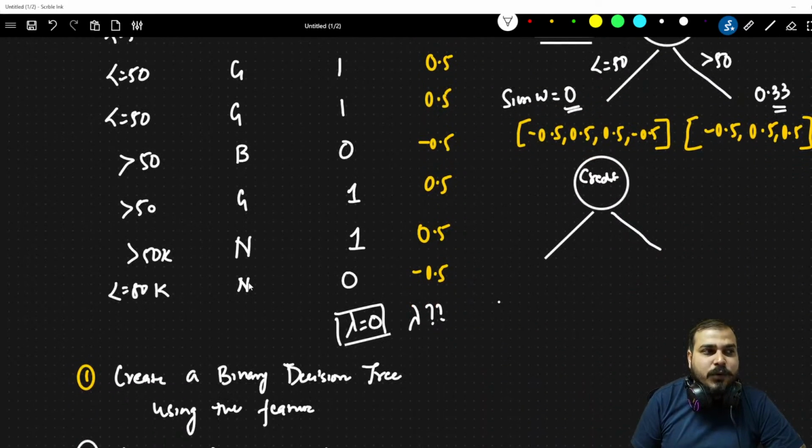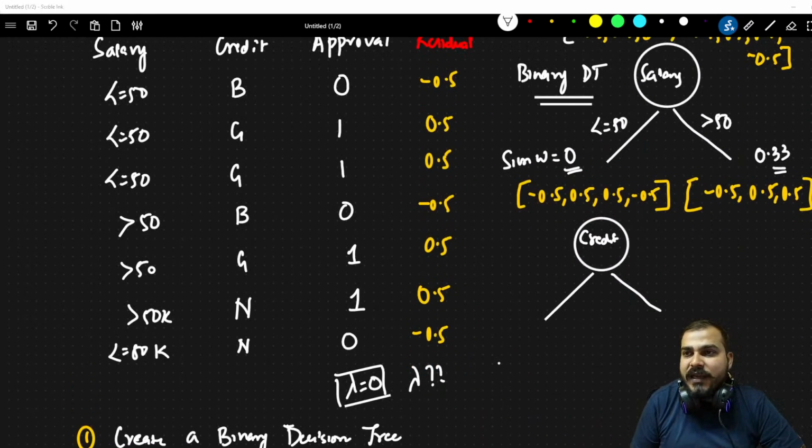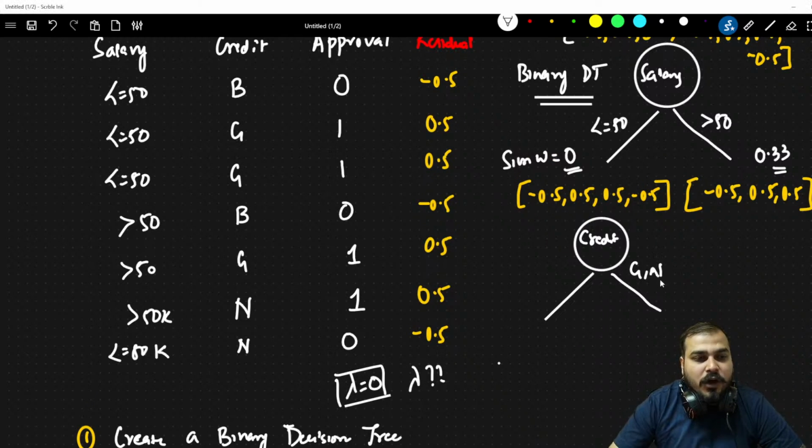In this case, let's consider 2 categories, good and normal, on one side, and bad on the other side. So here it becomes a binary split again.